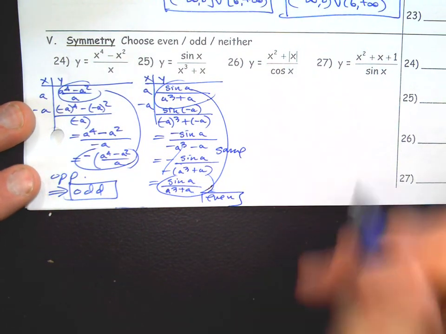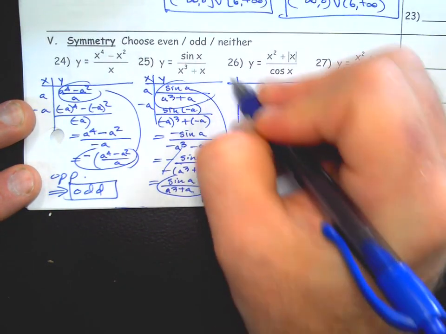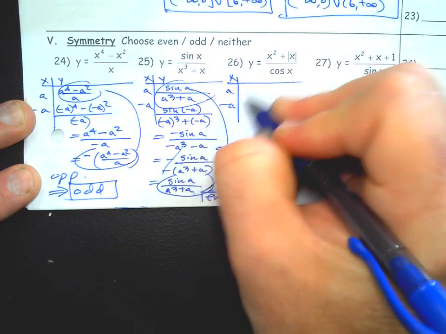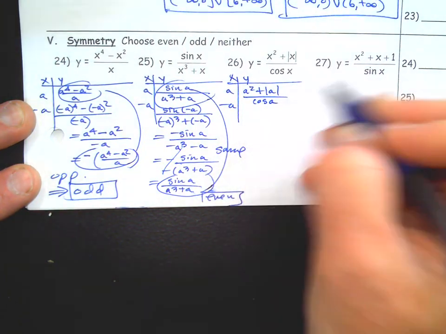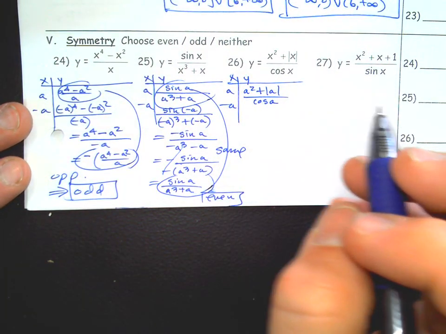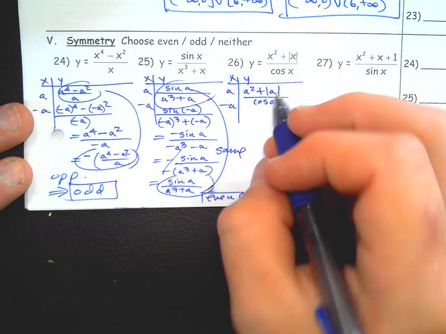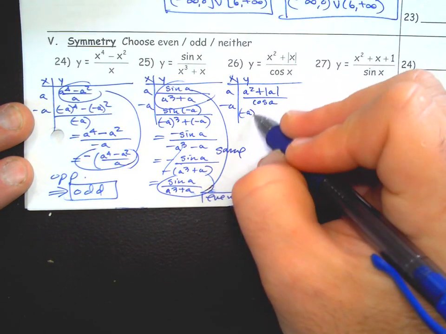So next one, x, a, negative a, plug in y. This is going to be a squared plus absolute value of a over cosine a. You cannot get rid of those absolute values because what if a is negative? We don't know the value of a. Now plug negative a in.